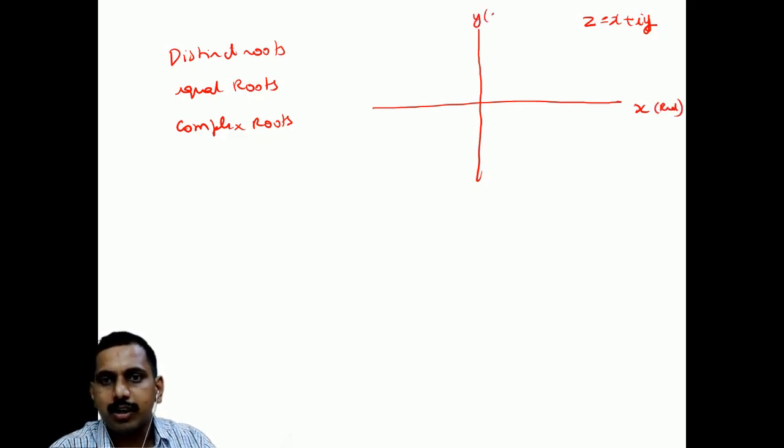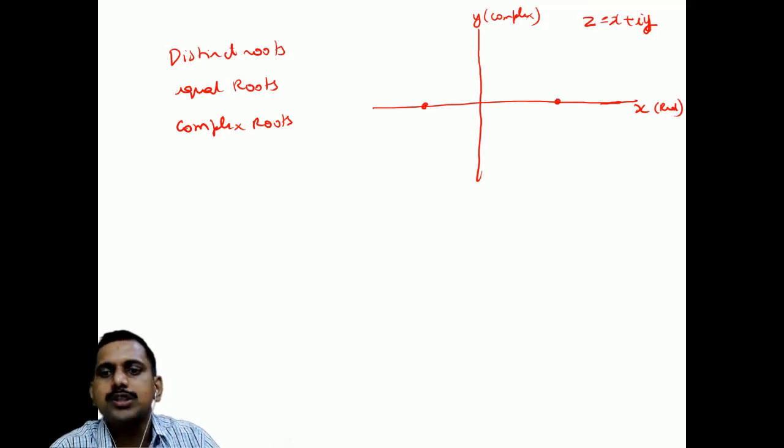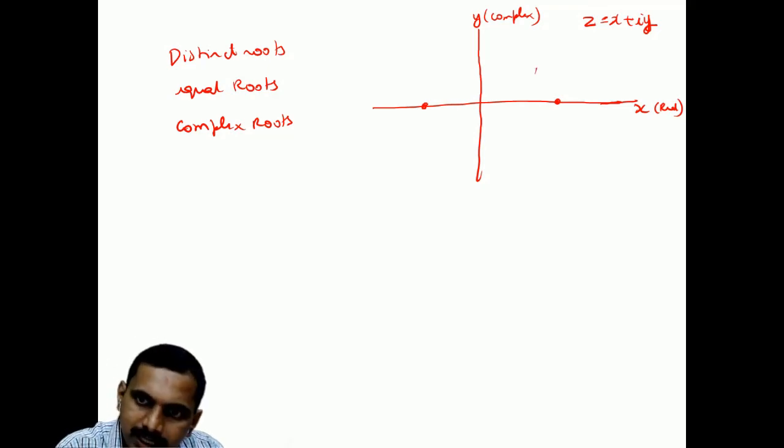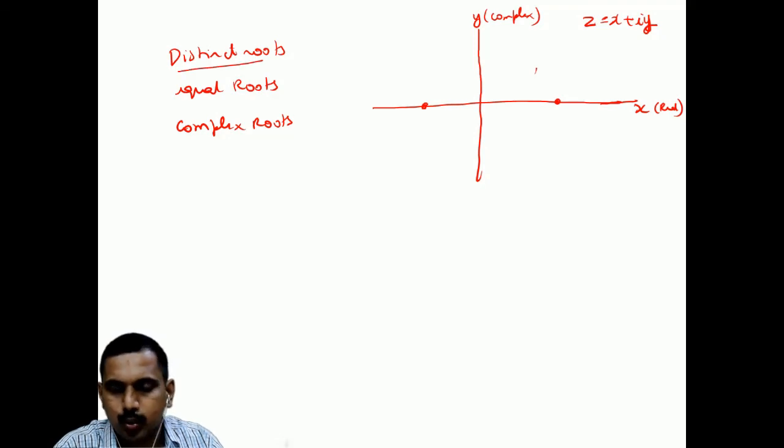And y is the complex axis. Now if it is a real one, it might be either here or here. The roots may fall somewhere here, is it not? If it is complex, it deviates from the real axis. Now when you say distinct roots or equal roots, this comes in the same category. Now in case, what will happen, I will tell you.